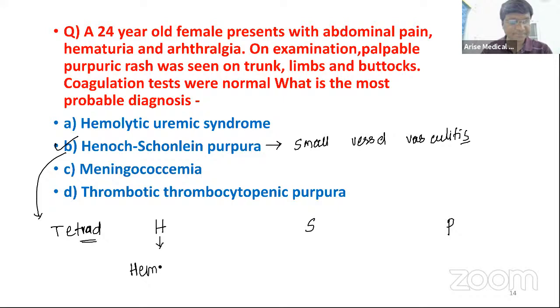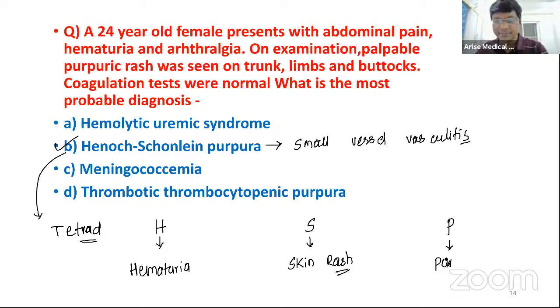Hematuria. What does S stand for? Involvement of the skin, and that skin involvement will be in the form of rash. You take the P. The letter P is for pain. So where do you have the pain?